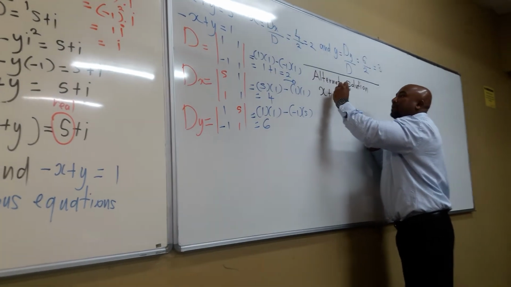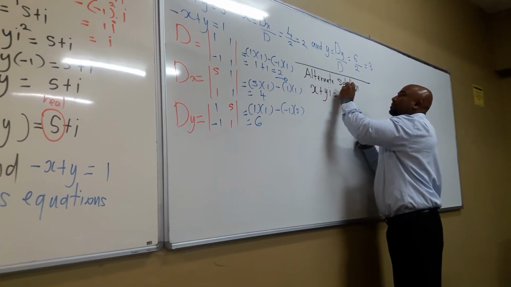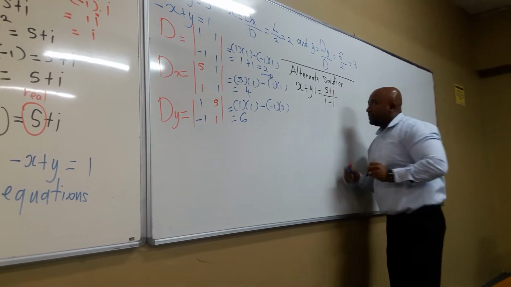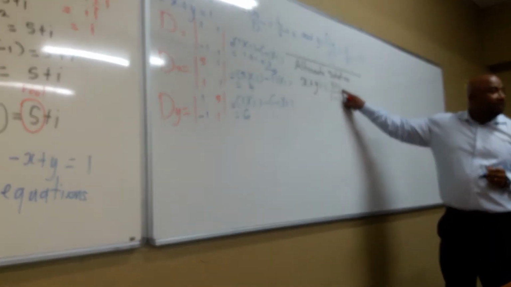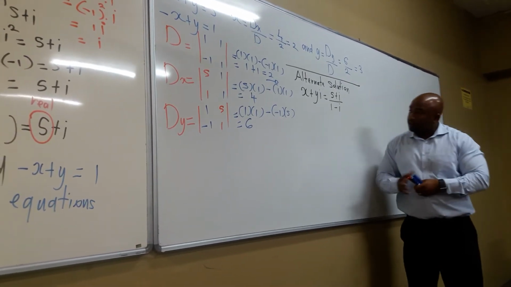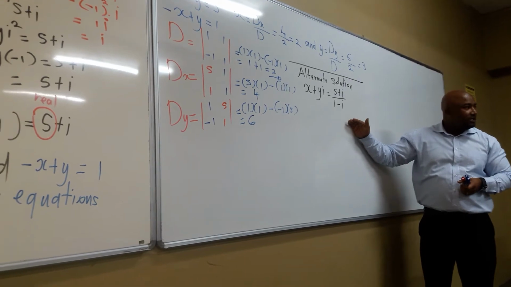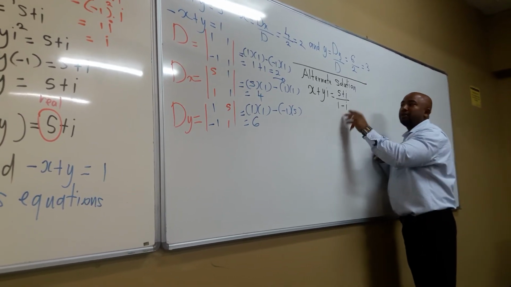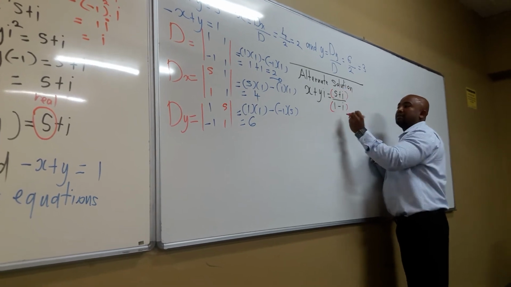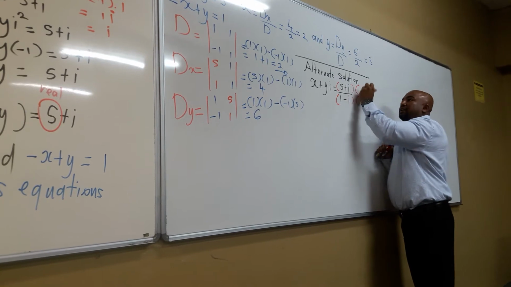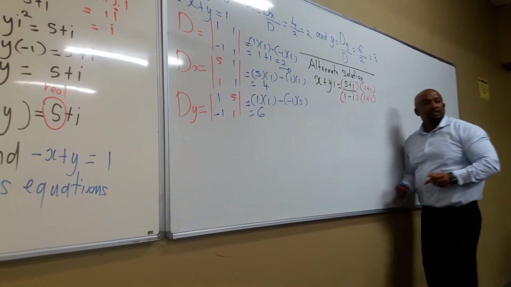So that's x plus yi is equal to 5 plus i divided by 1 minus i. So here I had already simplified i to the power 5. Now the other technique is rationalize your denominator, multiply by the conjugate. So what will I multiply by? I'll multiply 1 minus i by 1 plus i and the top by 1 plus i. It's a simple procedure.